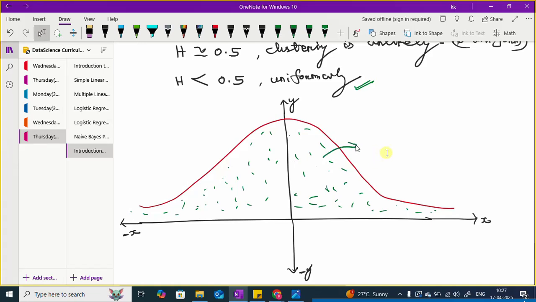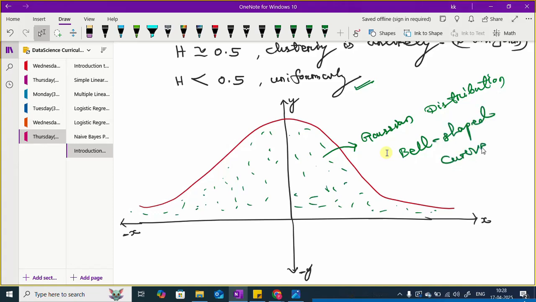This is called Gaussian distribution, or normal distribution. Basically, I can say bell shaped curve. Clear? Any doubt so far?